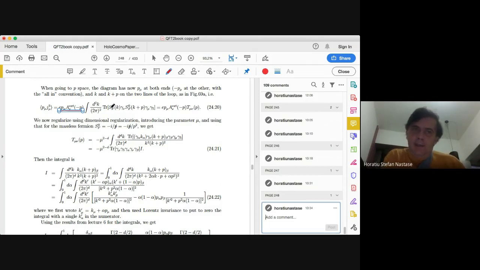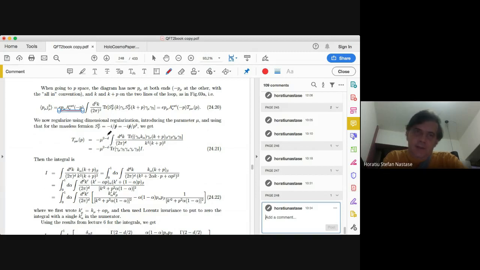And this free propagator for the massless fermion is minus i over p slash, or minus i p slash over p squared. So substituting in here these two momenta, we get for T mu nu of p this expression.